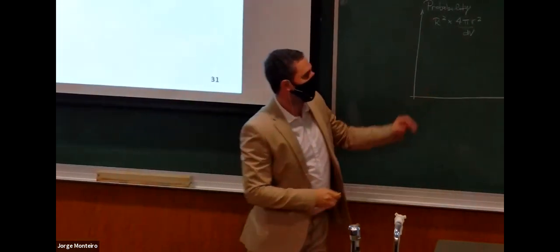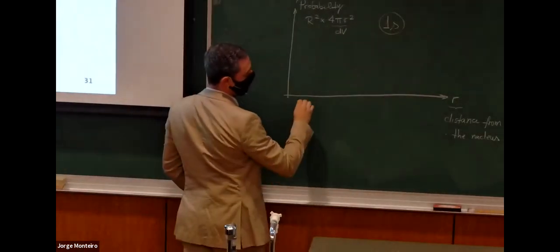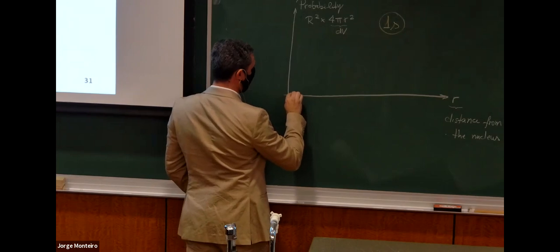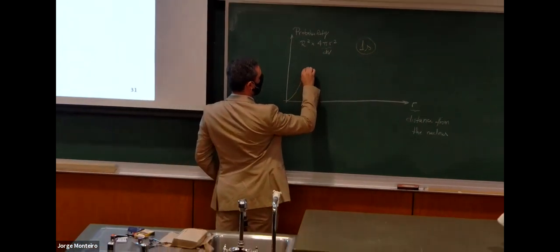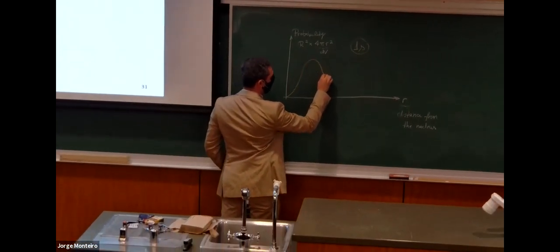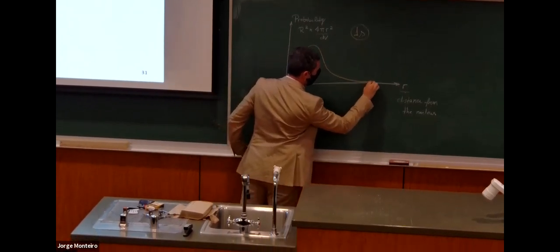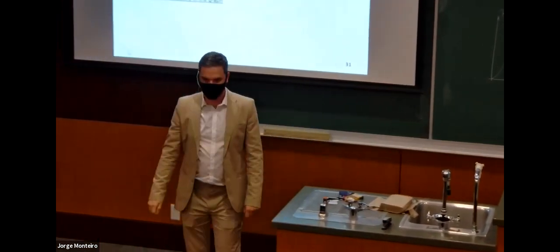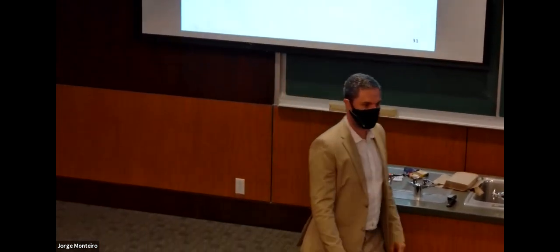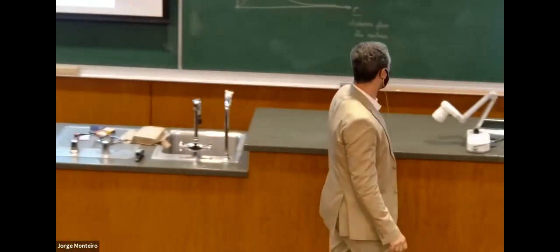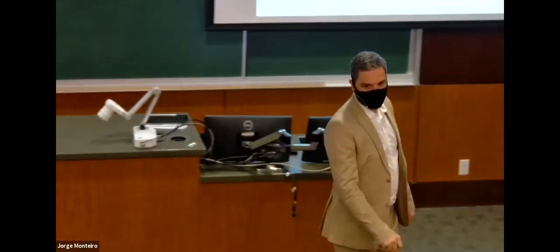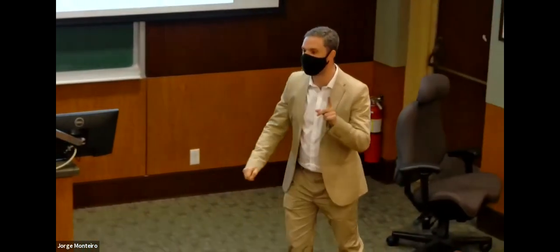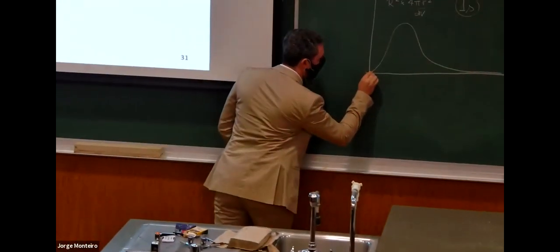If we graph the probability as a function of the radius, we are going to see something like this. The first important point in this graph is this one right here.